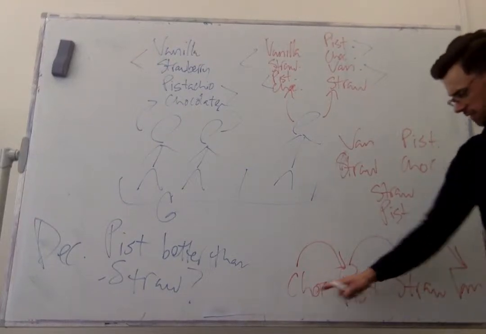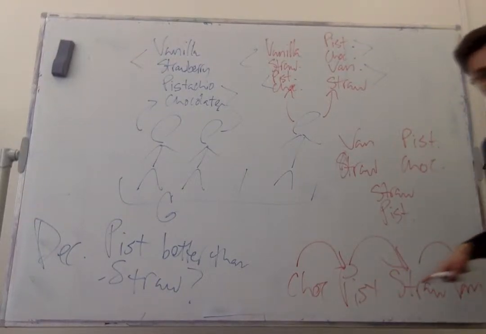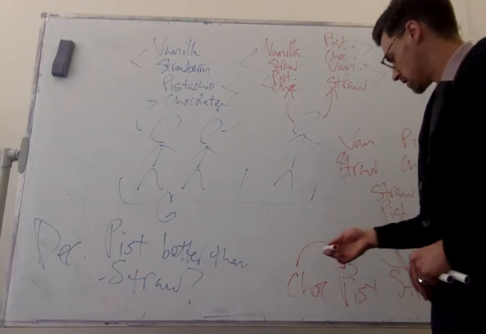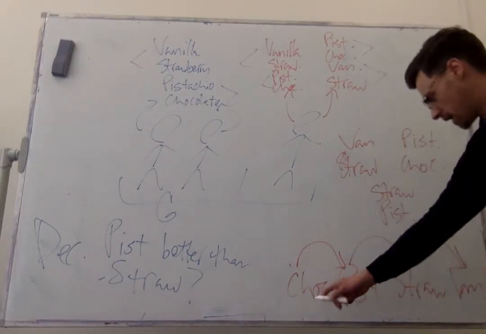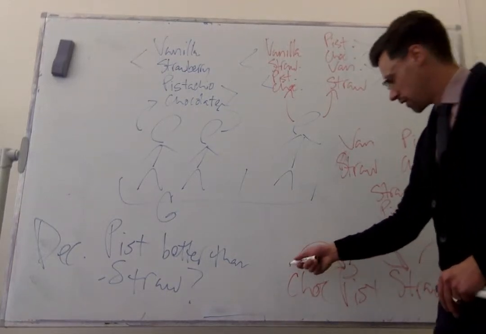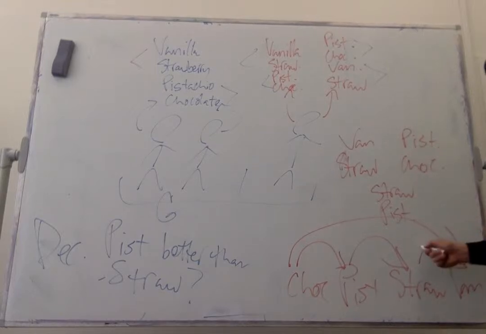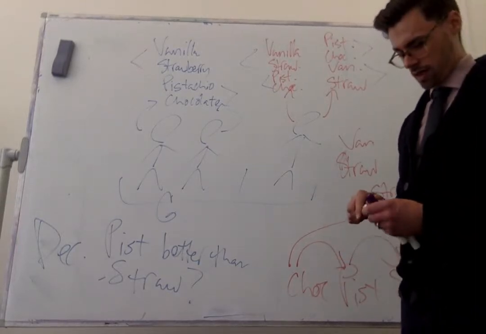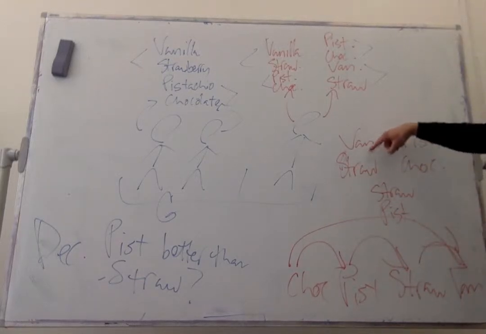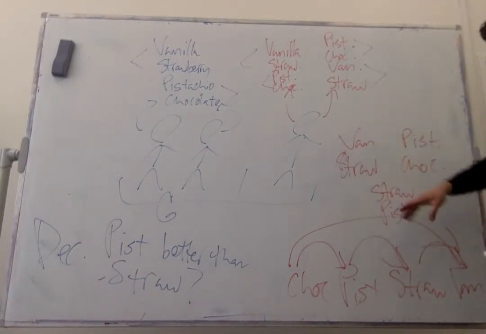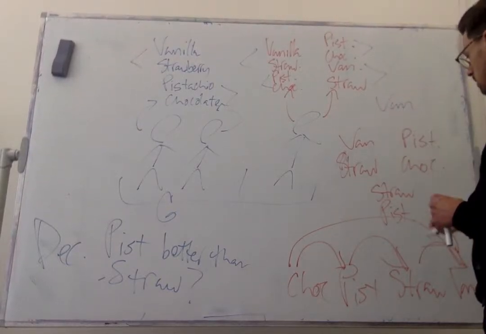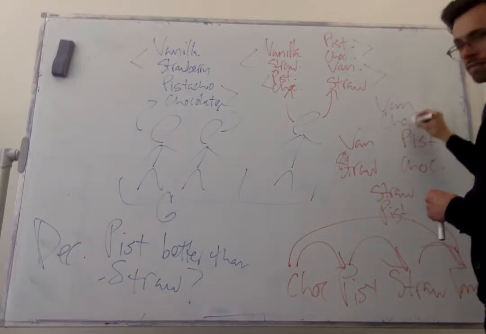And so we've got a chain here, and we assumed that our group preferences were transitive. So that means that because you like one thing better than the next, that better than a third, that better than a fourth, then you must like the first better than the fourth. So what we end up with is the group, in virtue of making all these pairwise comparisons, must like vanilla better than chocolate.